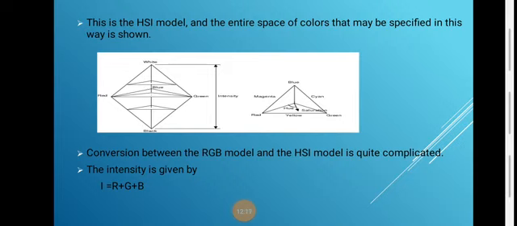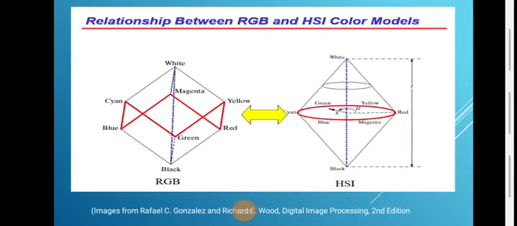The conversion between the RGB and HSI models is really complicated, so I have given some formulas, and the intensity is given by R plus G plus B. This is the relationship between the RGB model and the HSI model. The center plane is the plane of our interest. By rotating the shaded plane about the vertical axis, we can obtain different hues.